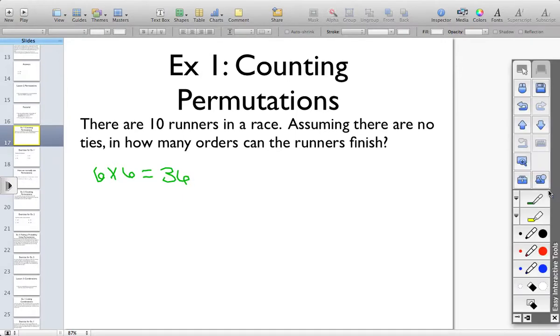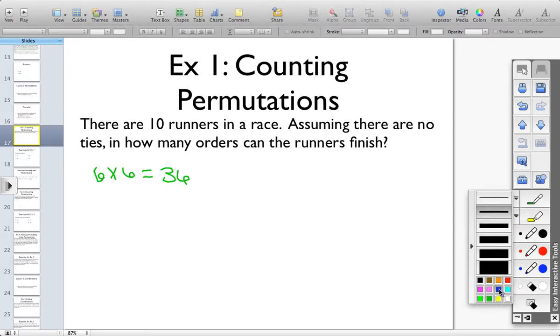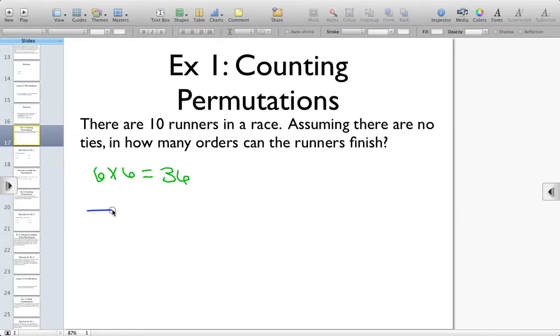Well, the factorial takes the idea of, if I am running a race, for example, this one says 10 runners are in a race, assuming there are no ties, how many orders can the runners finish? Well, 10 people could possibly be the first place winner.